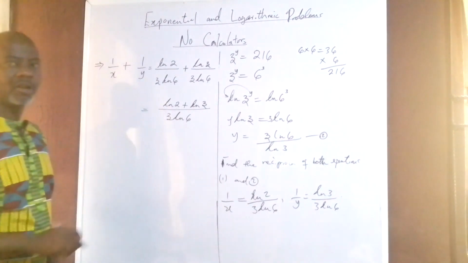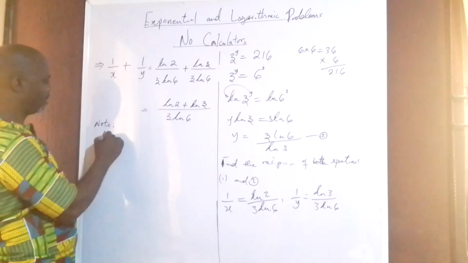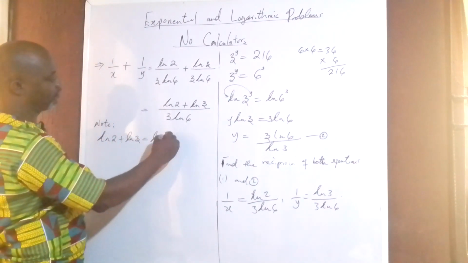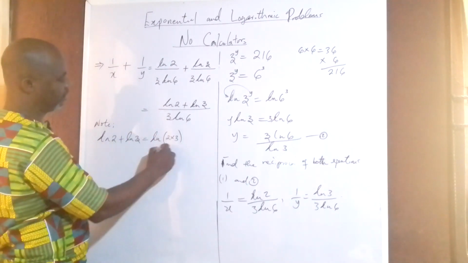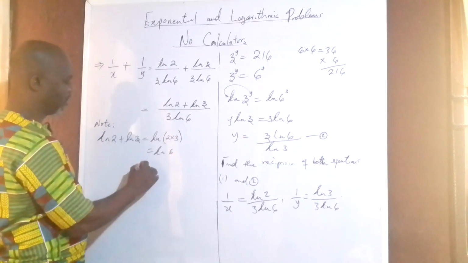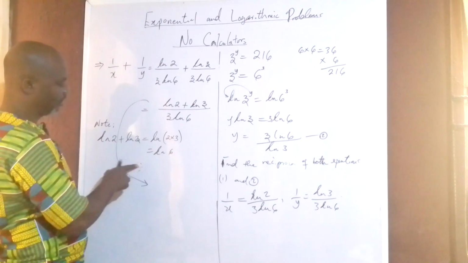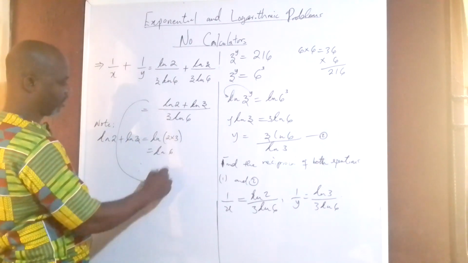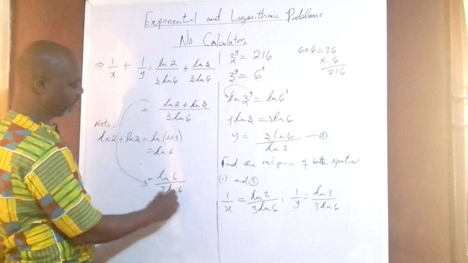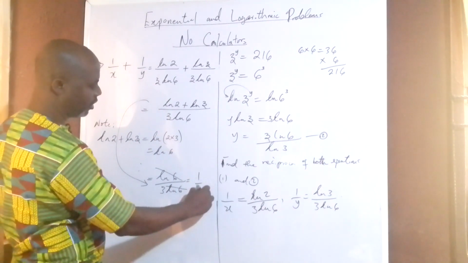And we know that in logarithms, ln 2 plus ln 3 will give us ln of 2 times 3, which will give us ln 6. So this expression now becomes ln 6 all over 3 ln 6. So ln 6 and ln 6 cancel. The answer is 1 over 3.